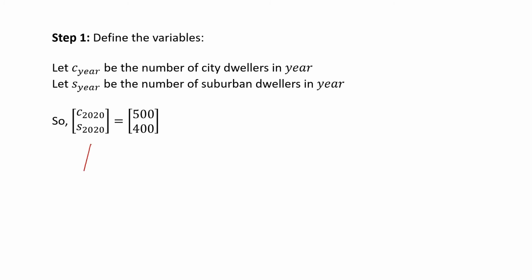So we were told in the problem that in the year 2020, we have 500,000 people in the core of the city and 400,000 in the suburbs. So we're going to simplify by saying 500 and 400, where it represents the thousands of people living in the city or the suburbs.